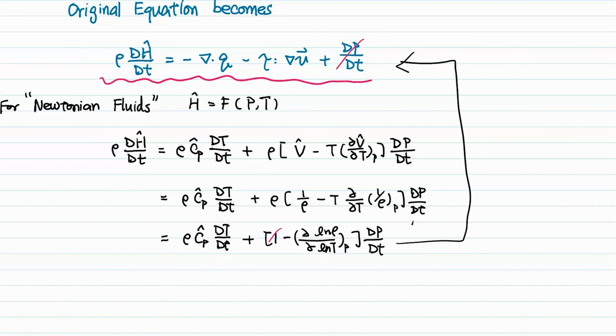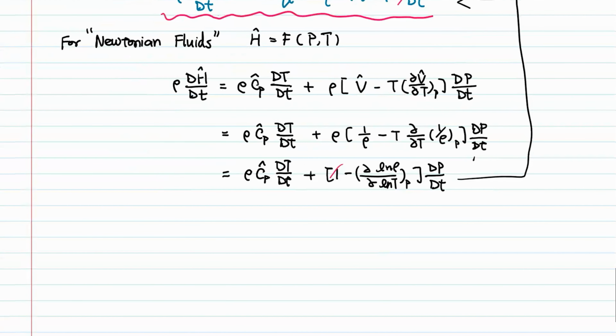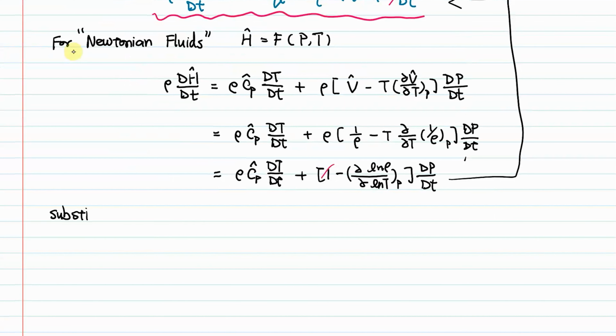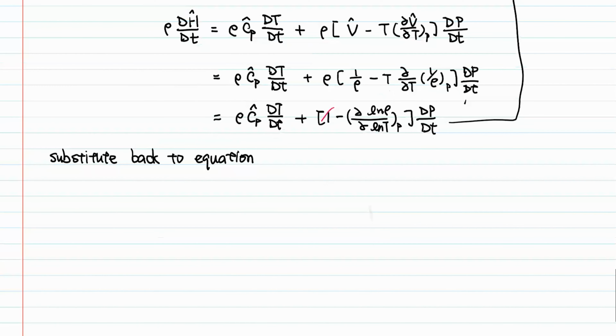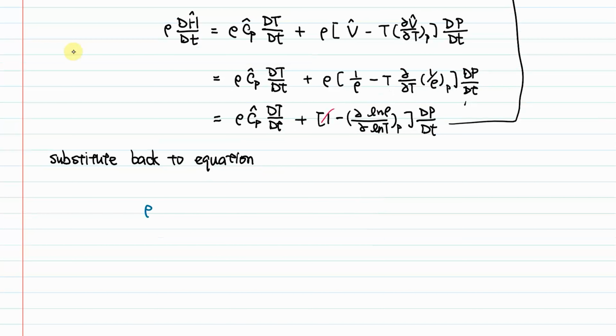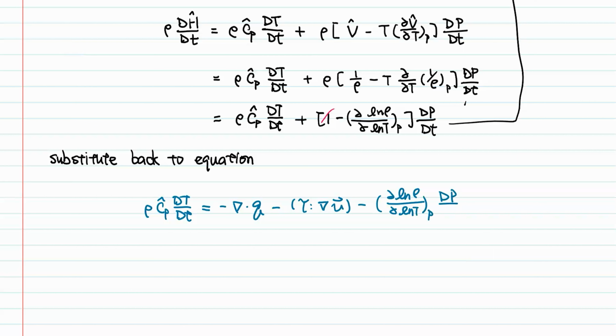Substituting back into the equation, we have rho Cp DT/Dt equals negative gradient of heat conduction minus heat dissipation by viscous dissipation minus partial natural log rho, not P, sorry, rho, partial natural log T at constant pressure, times DP/Dt.